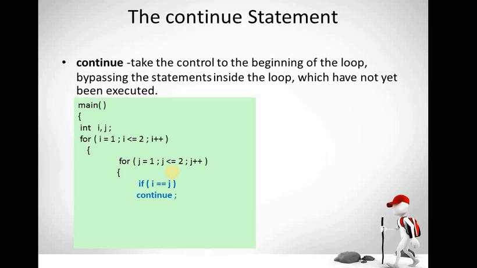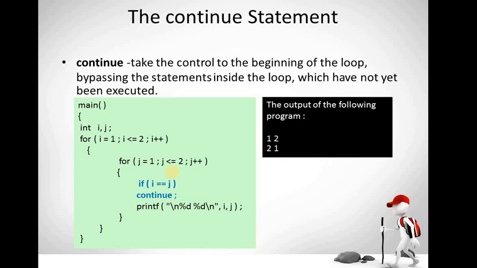So what does it mean? It will just skip the remaining statements and go to the next iteration. And over here, this statement is just printing the values of i and j. So this is the inner loop complete and this is the outer loop complete, and the expected output of this program is this.